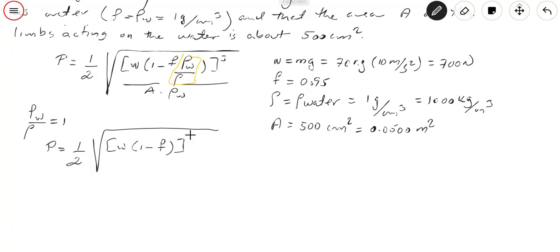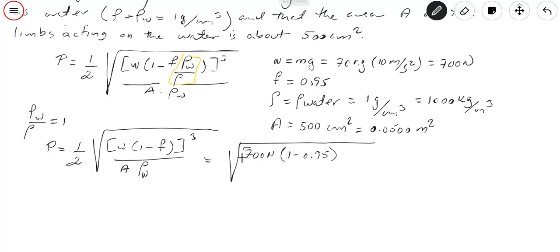So now we are reducing the formula to 1 minus the fraction under the water, all to the power of 3 over the area times the density of the water. If we substitute, we have 700 newtons, that is the weight, times 1 minus 0.95, all to the power of 3, all over the area, 0.0500 meters square, times the density, 1,000 kilograms per cubic meter.